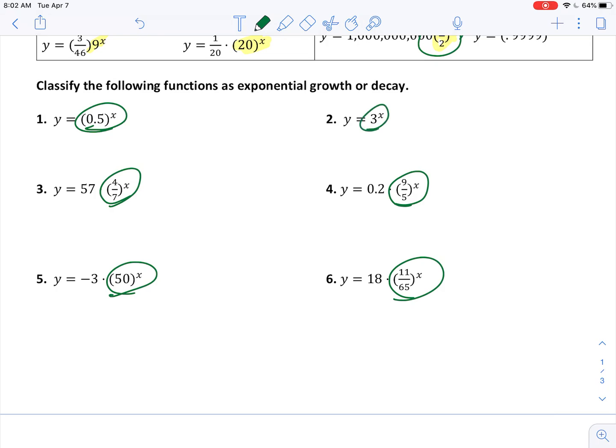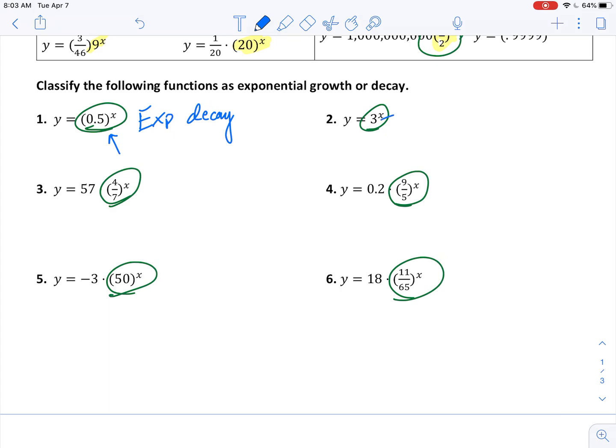Okay, so let's look at some examples here. We're going to look at the power, and specifically the base of this exponent. We're going to see, is this smaller or bigger than 1? Is this going to be decay or growth? So let's look at a few examples here. 0.5 is the number I'm focused on.